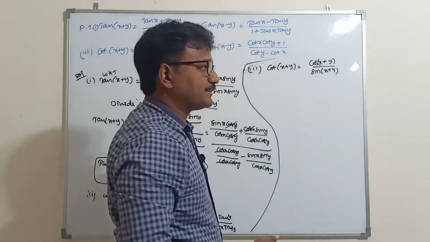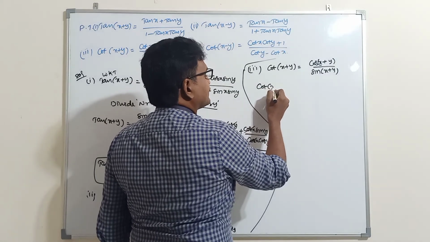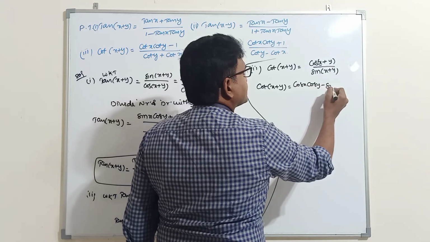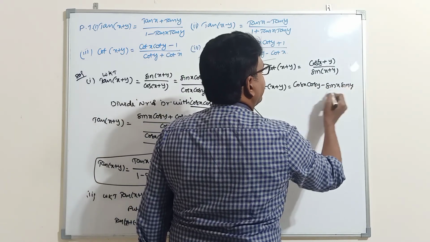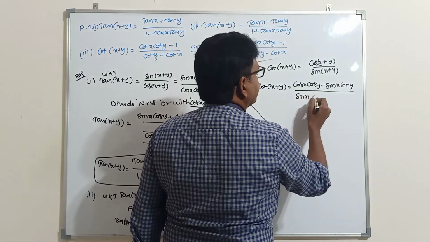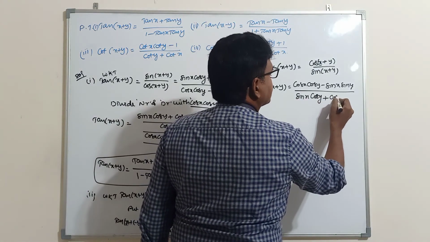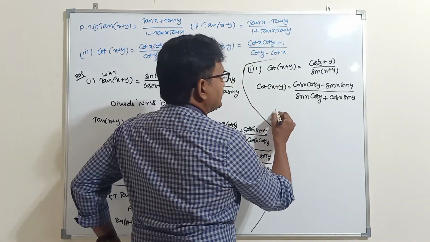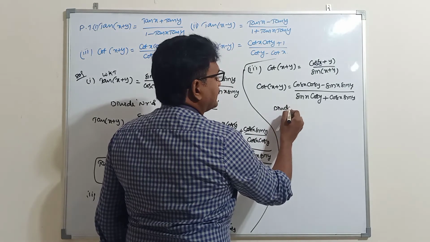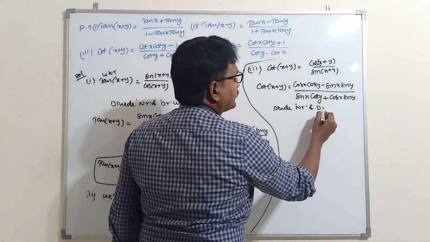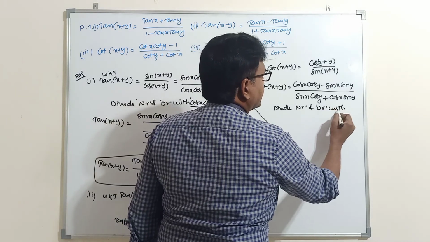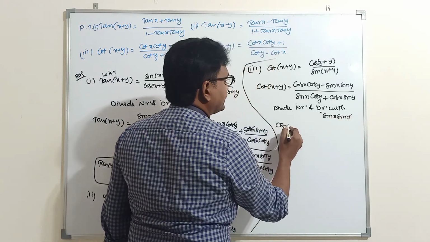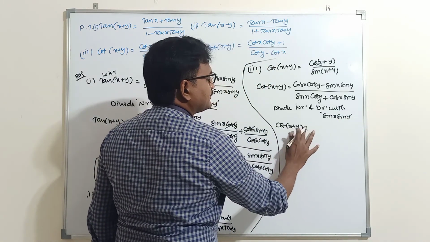Cot theta means cos theta by sin theta. So cot of x plus y is equal to cos x cos y minus sin x sin y by sin x cos y plus cos x sin y. In this, divide numerator and denominator with sin x into sin y.